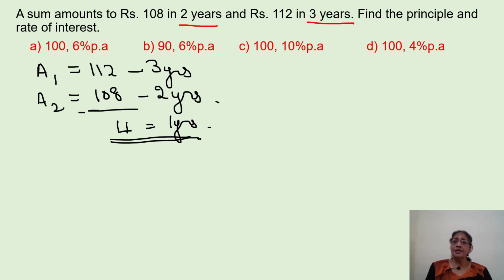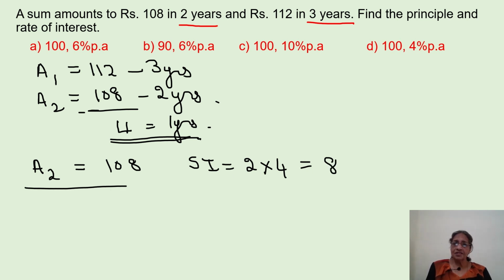We need to find the principal and the rate of interest. So we know the amount for 2 years, that is 108. How much would be the simple interest for 2 years? We know for 1 year. So for 2 years, it's going to be 8 rupees. So we have the amount here. We have the simple interest for 2 years.